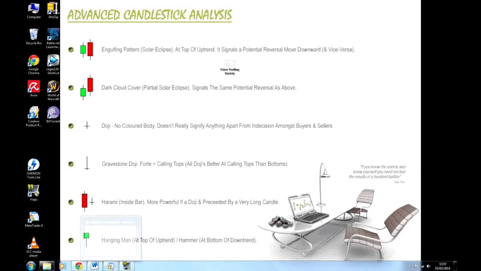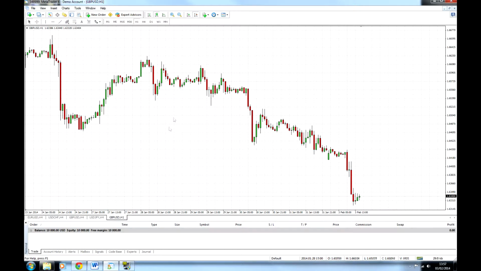Let's go back to the chart. So how it pretty much works. When you look at a chart, as you remember in the previous video, we changed it to this color. So green is the bull candle that we have been changing, and red is the bear candle. Green means it's going upwards, red means it's going downwards. So as you can see, red, red, green, red, it changes all the time.